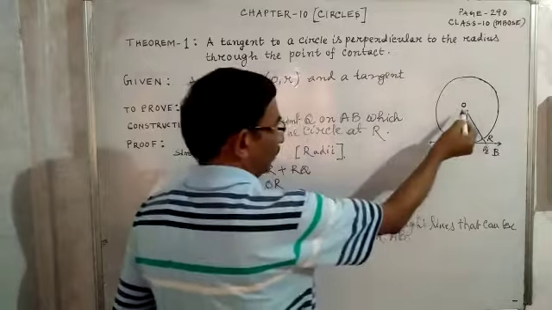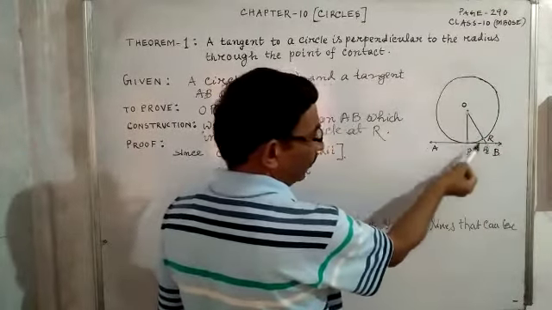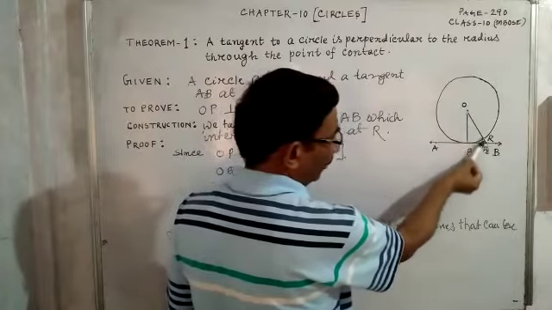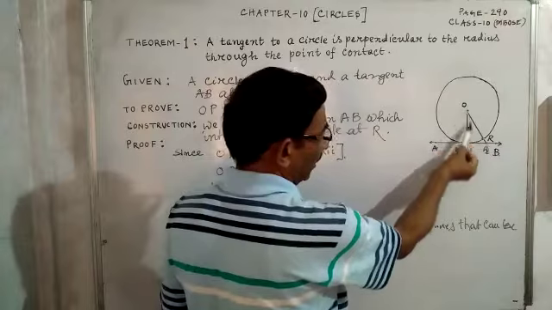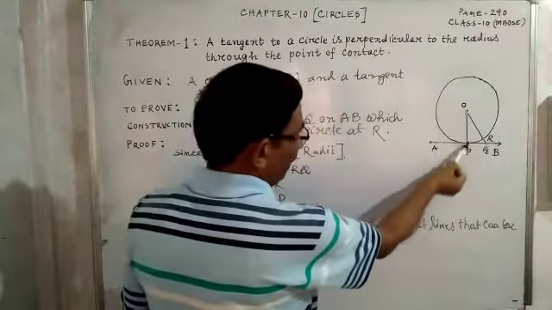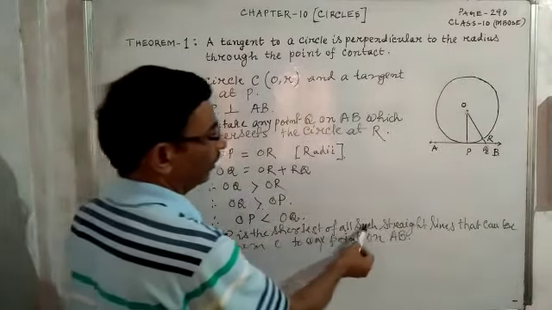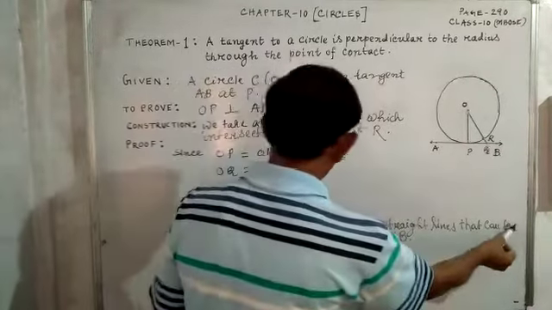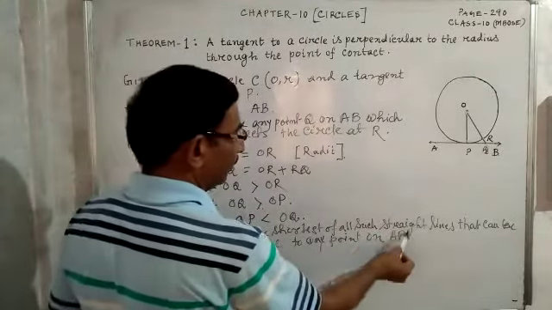This point you have to mention. So see, from O up to AB we can draw so many straight lines like OQ. If Q is here, we get another. If Q is here, we get another. But out of all the lines, the shortest line is what? OP. So we are writing here, hence OP is the shortest of all such straight lines that can be drawn from the point O to any point on AB.